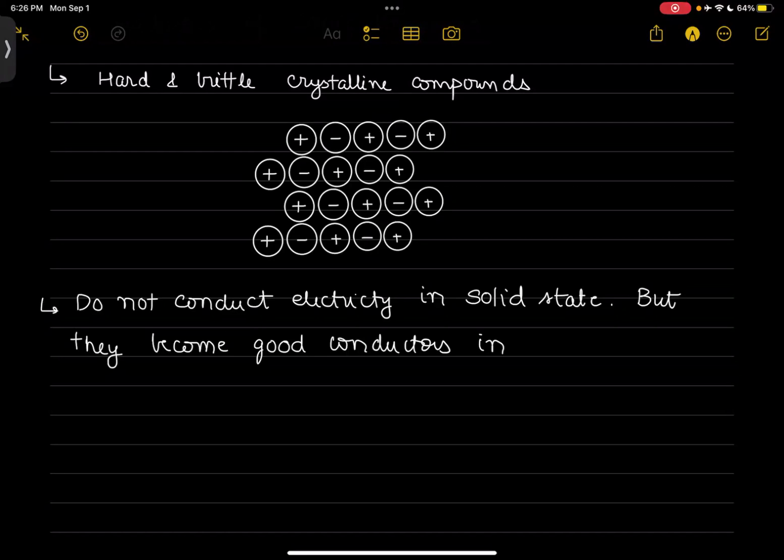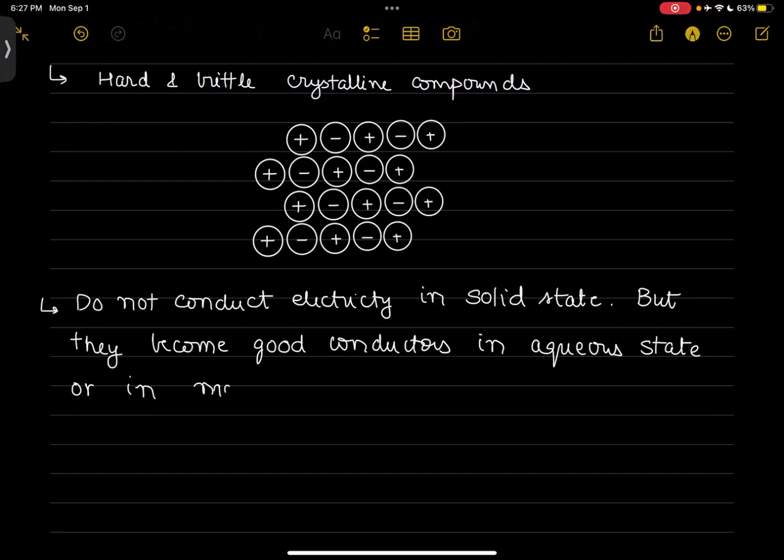In aqueous state, what is aqueous state? It means dissolved in water. Or in molten state. Molten state means you have melted them.